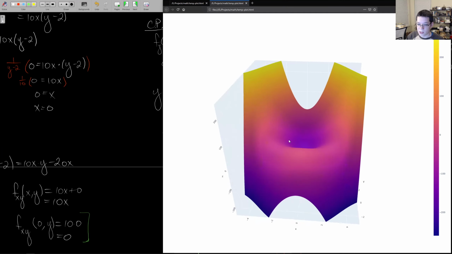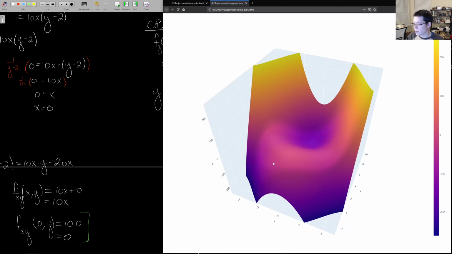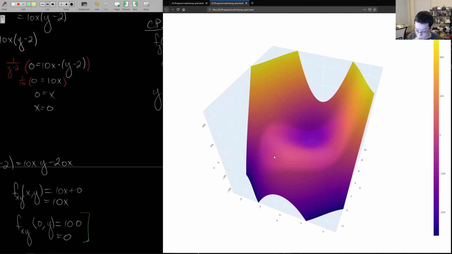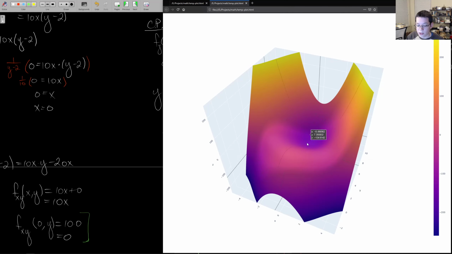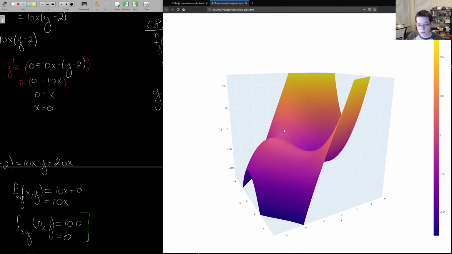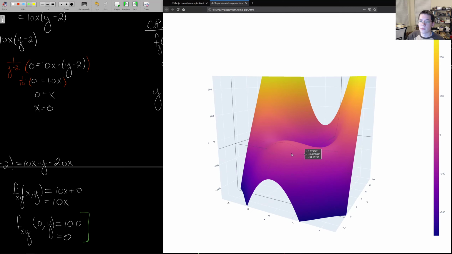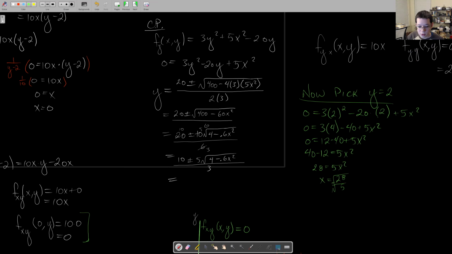So that's a saddle point that doesn't happen along one of the cardinal directions. He's a sneaky one. So that point is important.